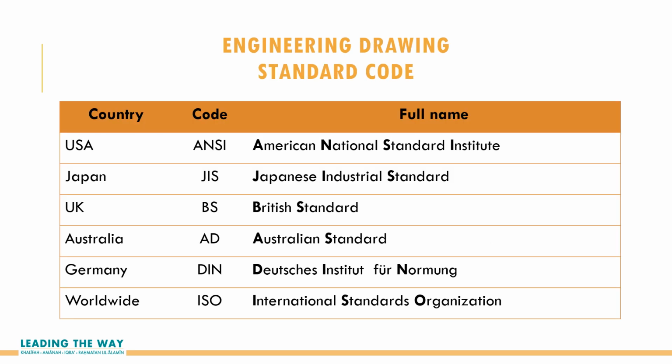For engineering drawing standard codes, there are actually several standards. In this world, they have ANSI, which is American National Standards Institute, JIS, Japanese Industrial Standard, BS, British Standard, AS, Australian Standard, and DIN, Deutsches Institut für Normung from Germany.